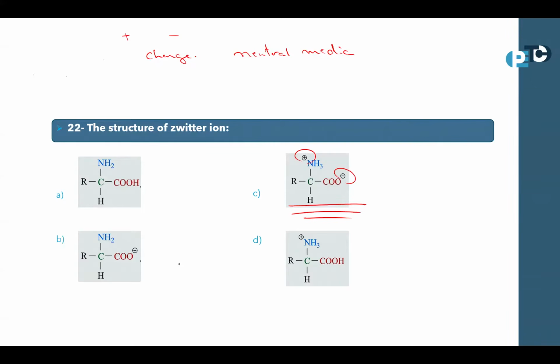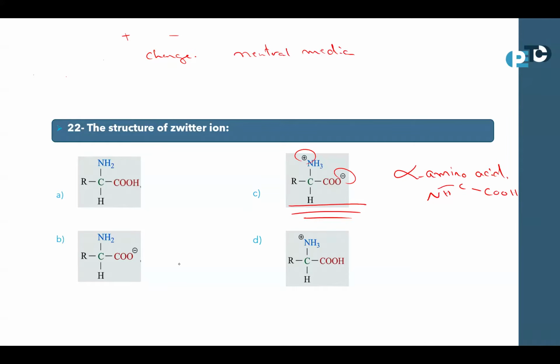Okay, by the way, let us revise the structure of the amino acid, especially the alpha amino acid. Here we have 2 functional groups, the carboxylic group and the amino group. The amino group is present on the alpha carbon. What is the alpha carbon?